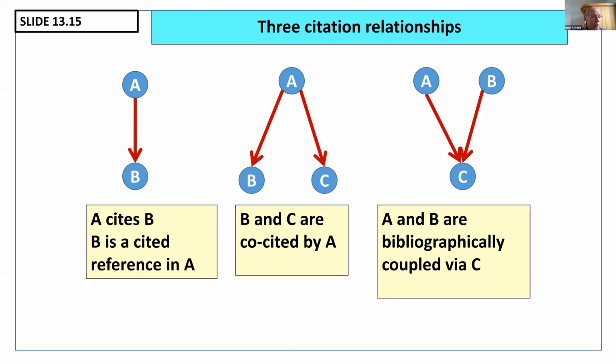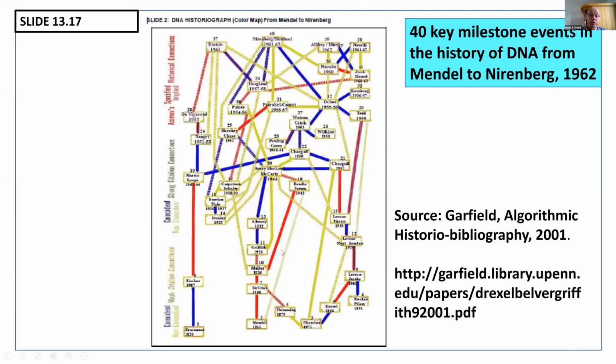There are also more ways of defining relationships, but these are the main ones. Now, this is a typical example. Maybe it is the first map that was created based on citation relationships, and it was actually made by Eugene Garfield, and it is a so-called historiograph, and it gives an overview of the developments in the history of the discovery of DNA.